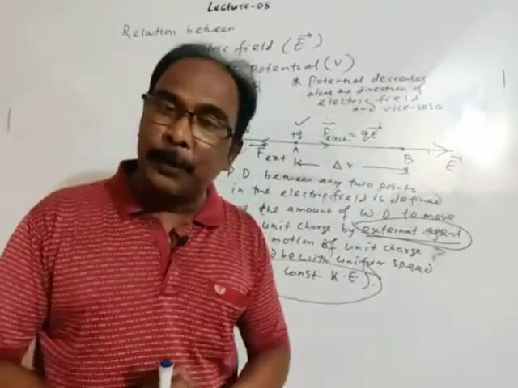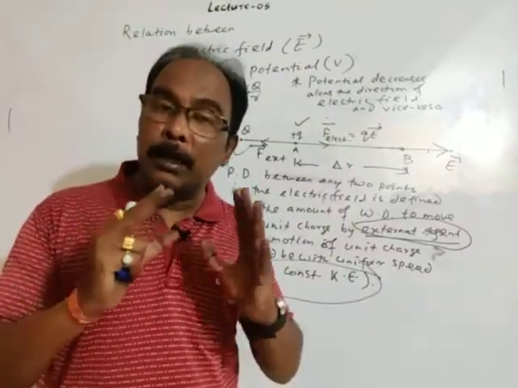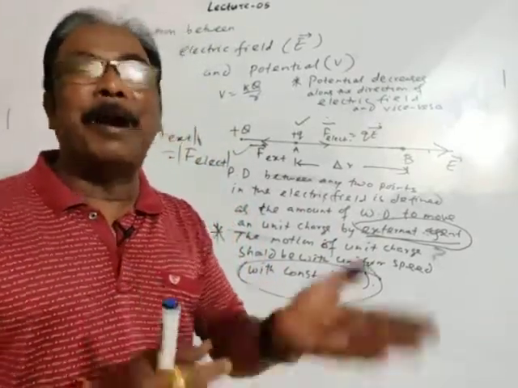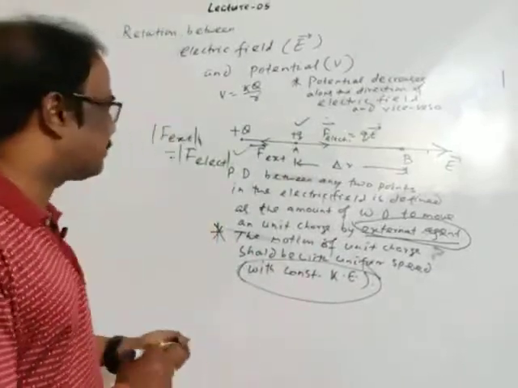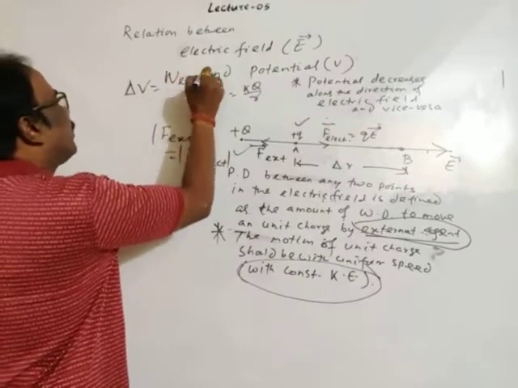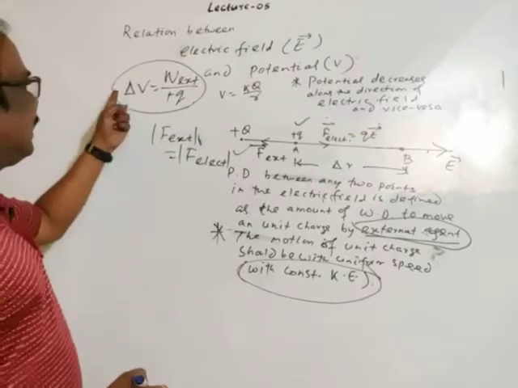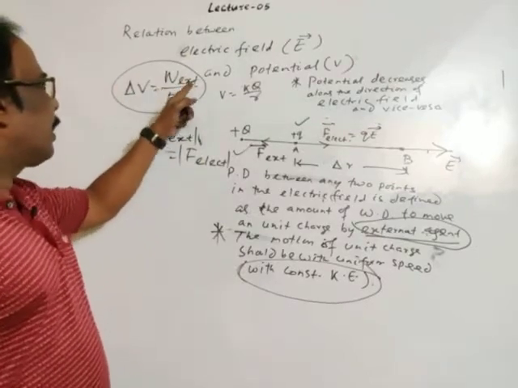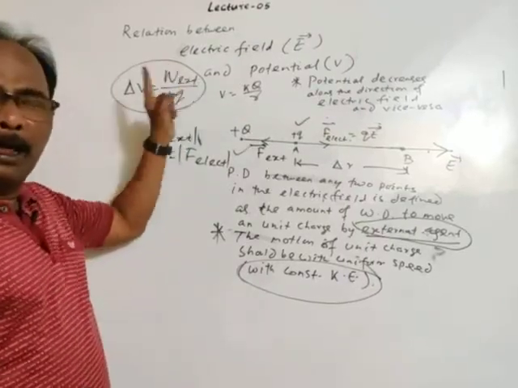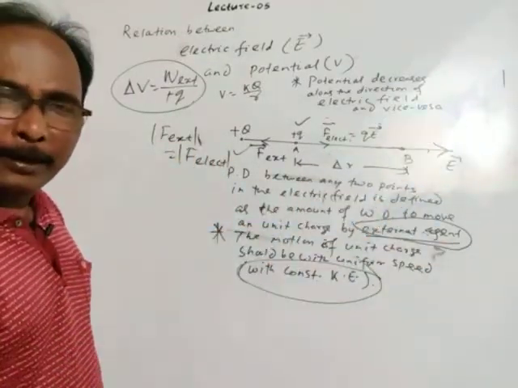Because the basic concept we know, potential difference is the amount of work done by an external agent to move a charge from one point to another point per unit charge. We have discussed it. Here the total amount of work by the external agent should be in the form of potential energy.